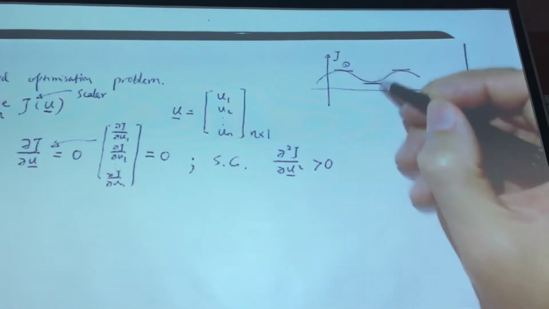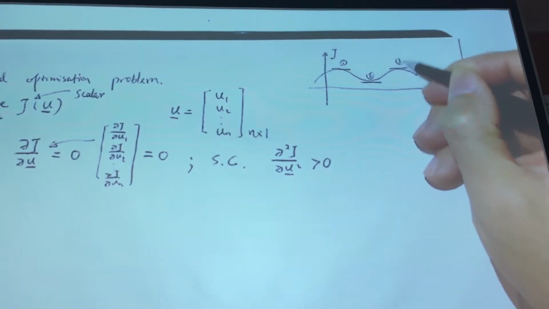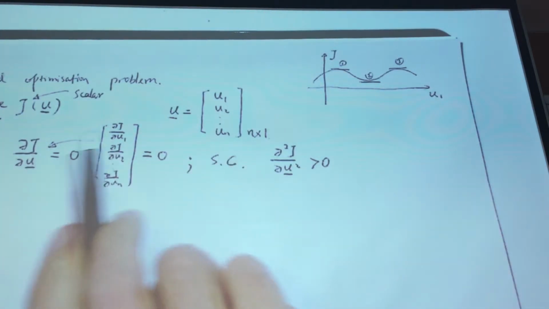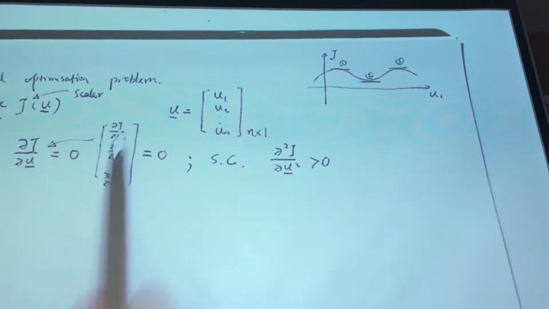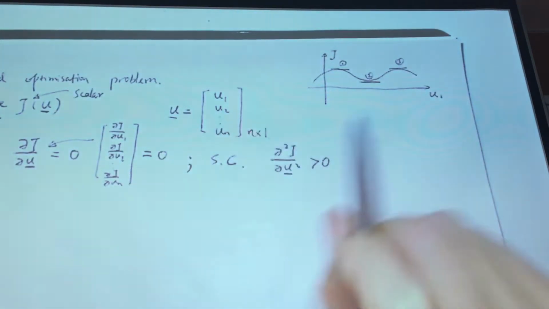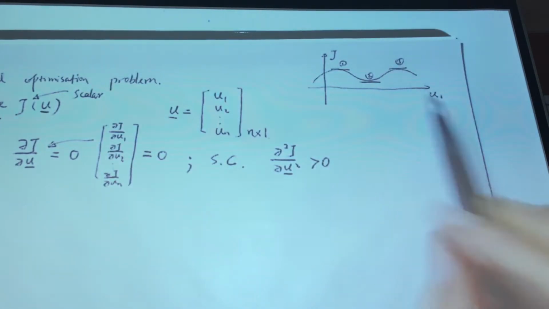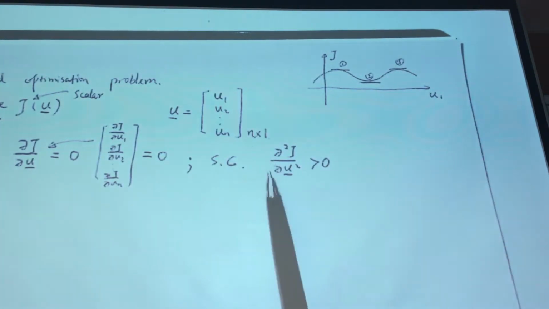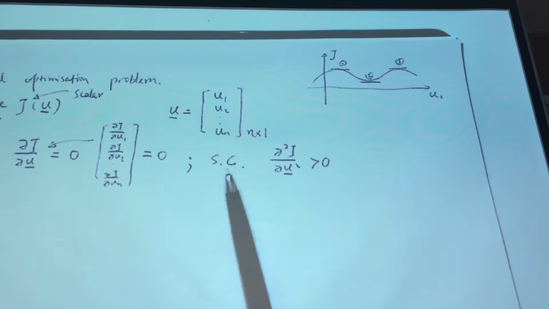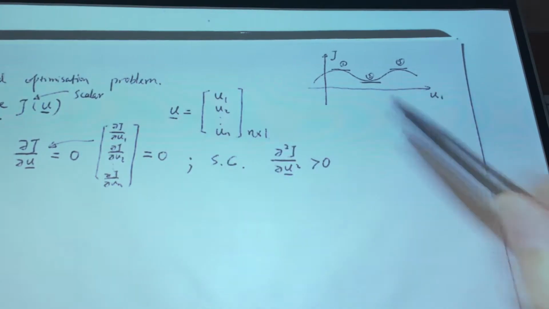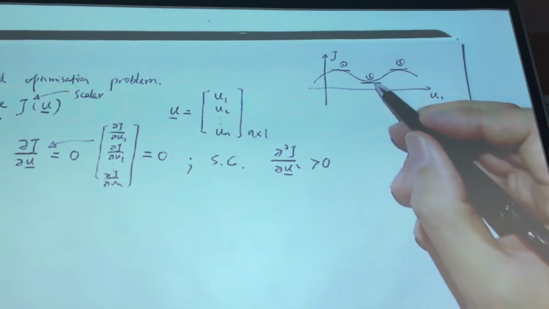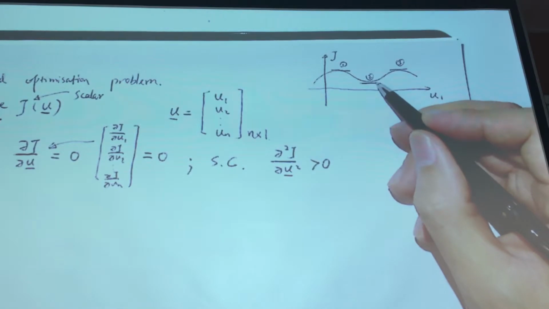For example, there's the first one, the second one, the third one. The first set of equations will give us these three solutions, and by evaluating the sufficient condition, we will know the second point is a minimizing point.